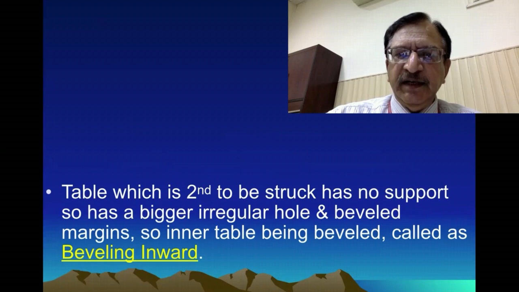The bevelling will be inwards, that is, the inner margins will be beveled in. There will be chipping of the margin of the hole, and that is called bevelling in. The outer table will have a clean cut circular hole, whereas the inner table will show bevelling inward.